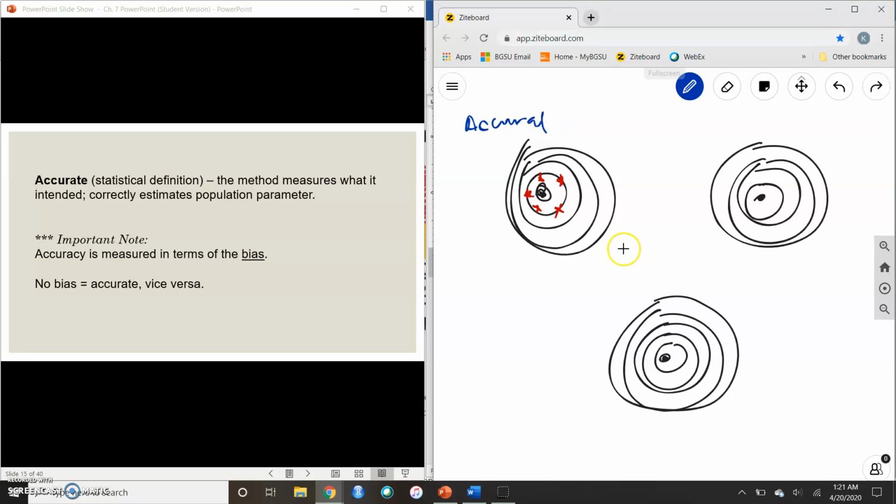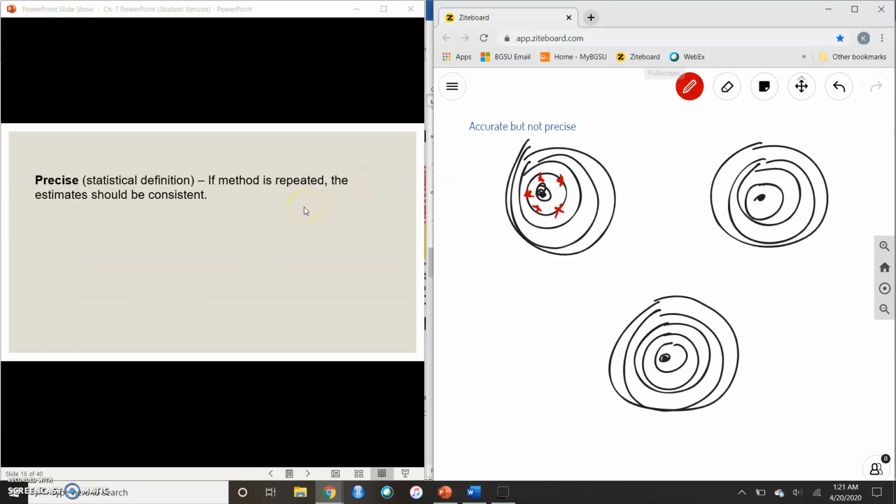So this is an example where it's accurate, well, let me rewrite that. Accurate, but not precise. Now let's look at an example where it's precise but not accurate. A method is precise if the estimates are consistent.